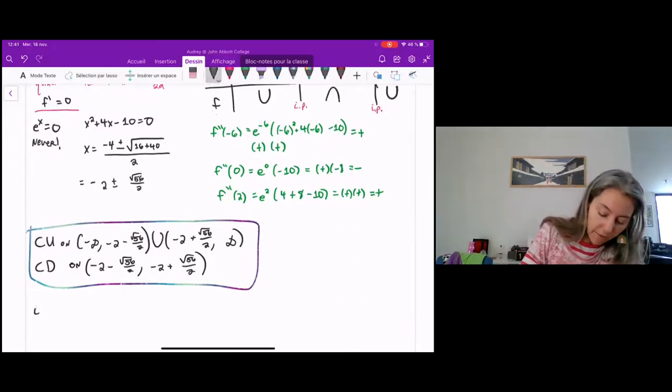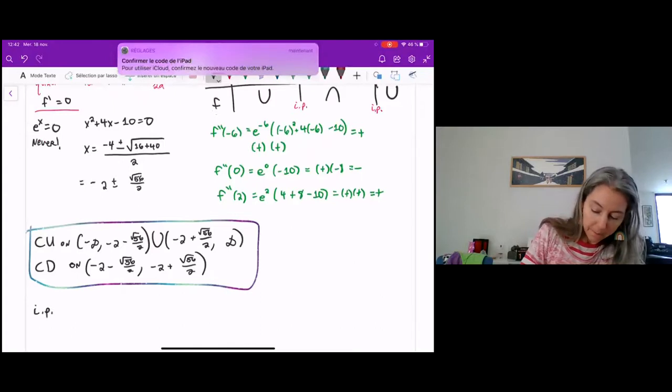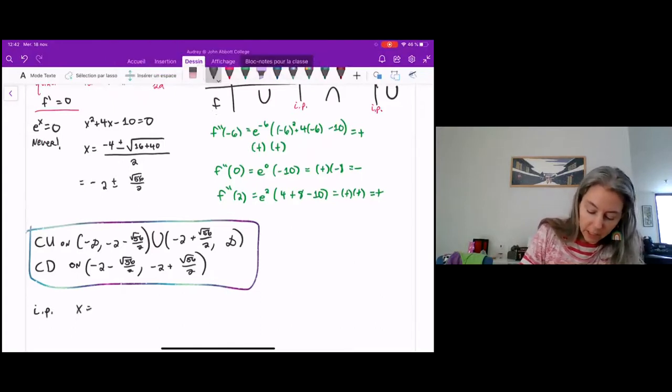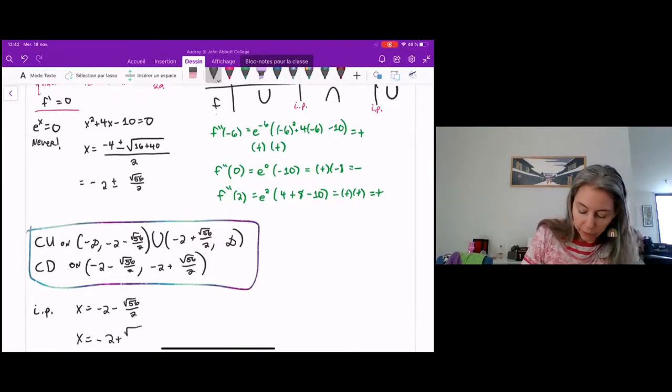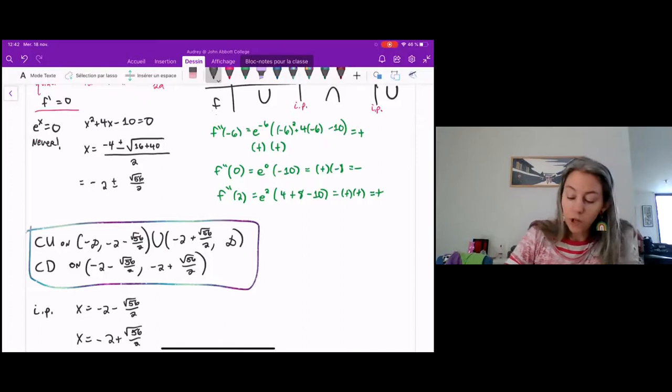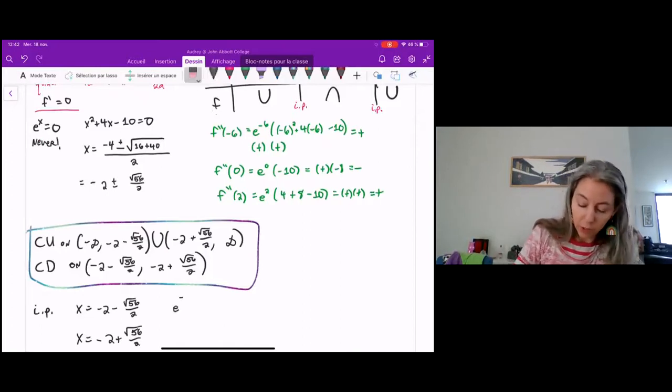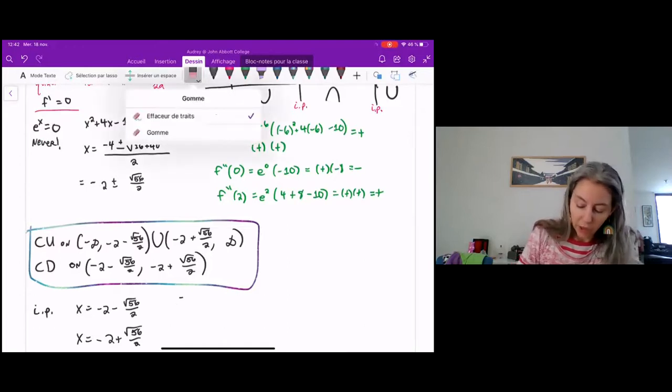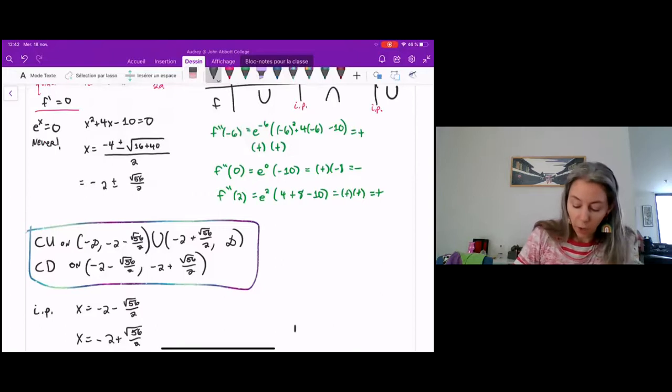So here I have inflection points at x is equal to negative 2 minus root 56 over 2, and x is equal to negative 2 plus root 56 over 2, which I want to plug in to my original function. So the answers are going to be a little bit gross looking, but we've seen that gross looking answers are okay. So this is going to be f of negative 2 minus root 56 over 2.